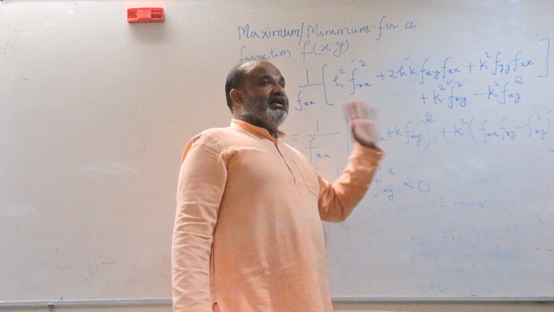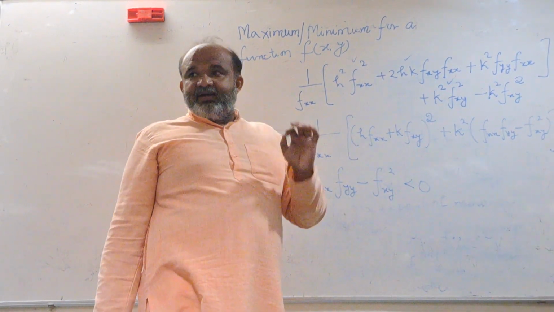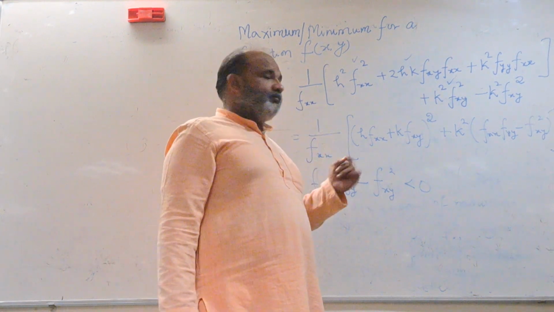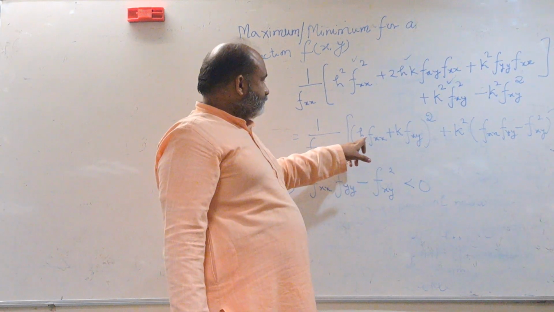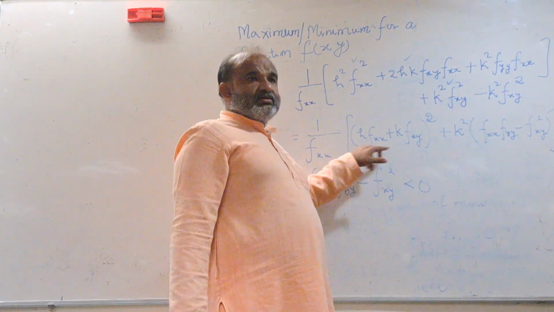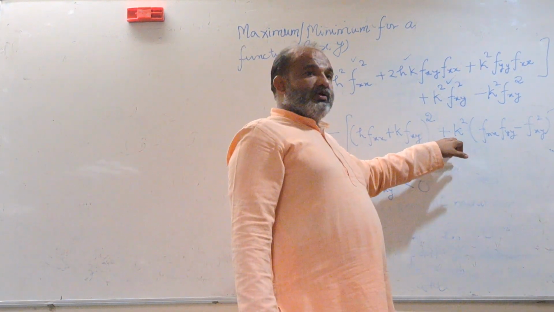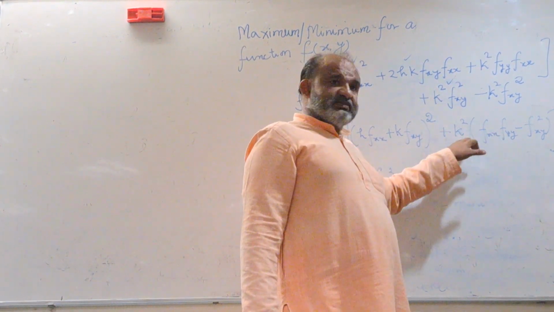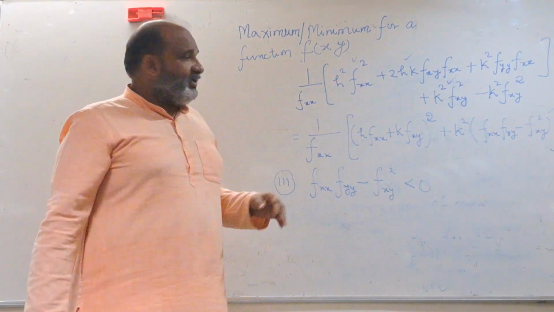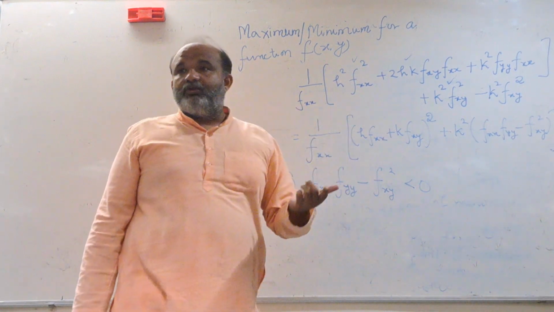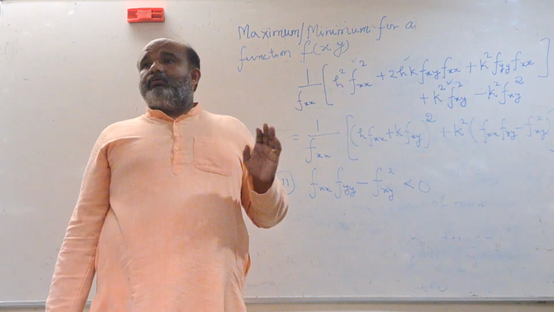Now the sign will depend upon the values of h and k. So this term is always positive, and this is always positive, and this is negative. So positive minus negative: if the positive quantity is larger, then the value is positive, and if the negative quantity is larger, then it will be negative, right?